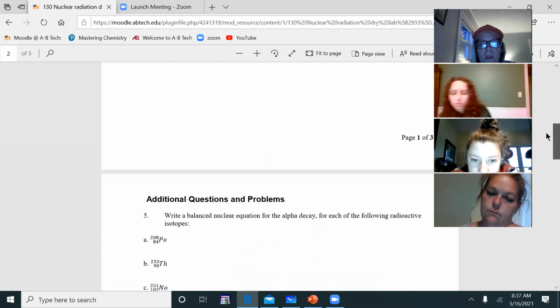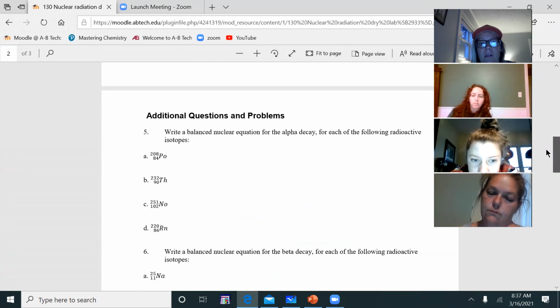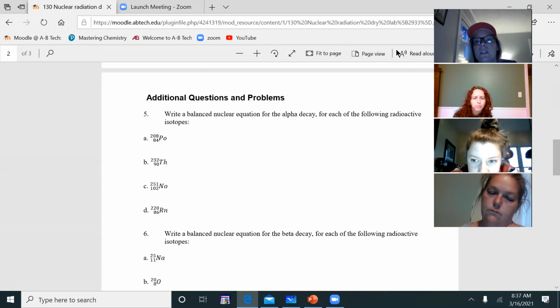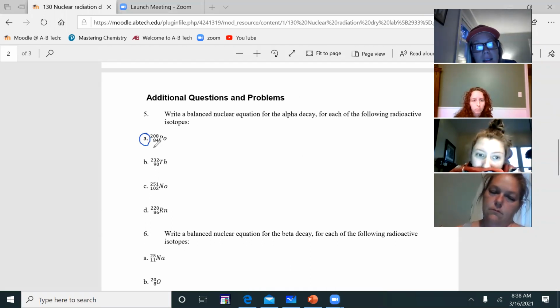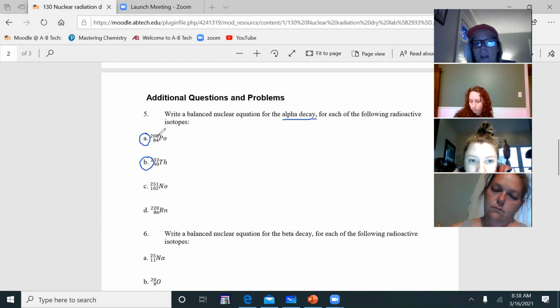So let's look at a couple of them here. I want you to do the first two, and then you won't have to do them a little bit later. Polonium-208 and thorium-232. Both of these are undergoing alpha decay. So I want you to write an equation for both of these that represents alpha decay.